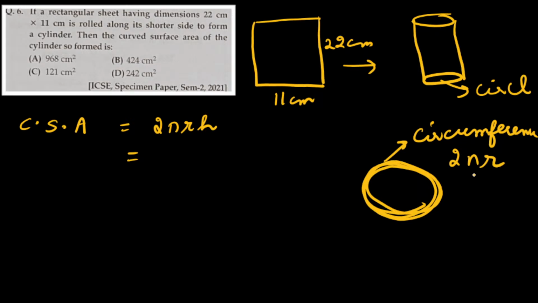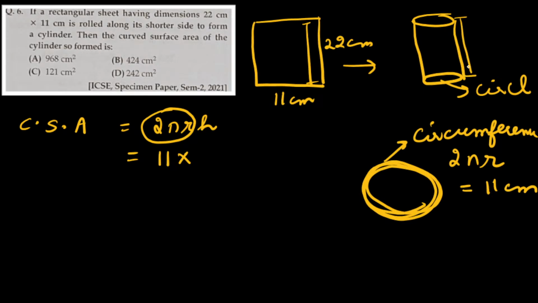Because this 11 centimeter has become circumference, I can write 2 pi r is equals to 11 centimeter. So in the formula of curved surface area, in place of 2 pi r we can write 11 into height. Height will be this one because this longer side has now become the height of the cylinder.